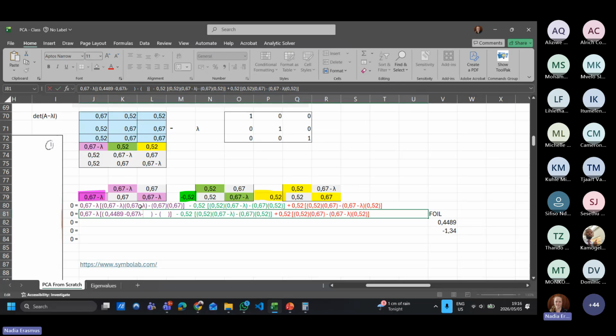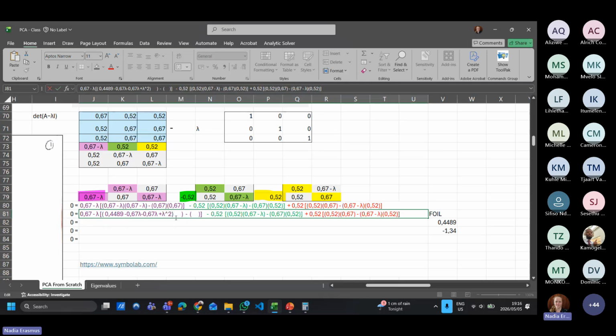This is the FOIL method, right? First, outer, inner, and last. So you guys still remember the FOIL method. There we go, these two, and then the last two: minus lambda times minus lambda is a positive lambda squared. So it's going to be lambda squared.